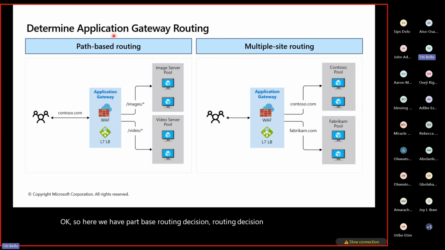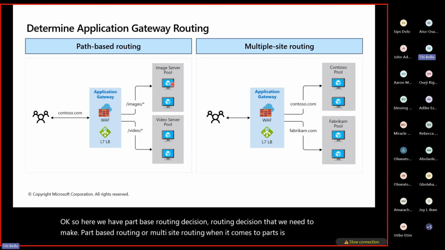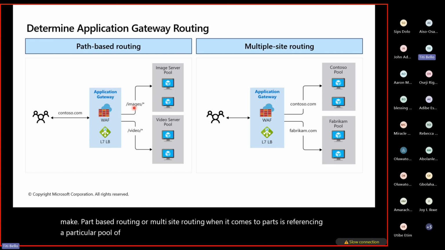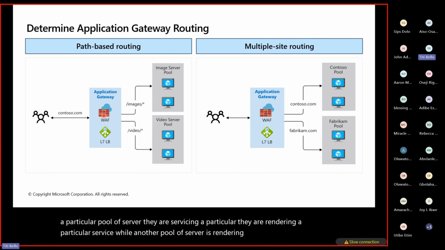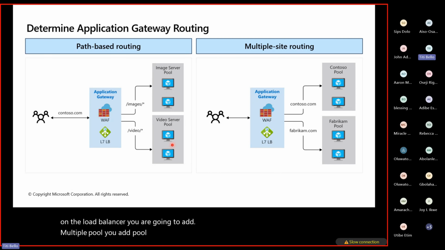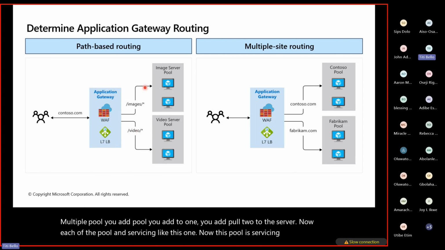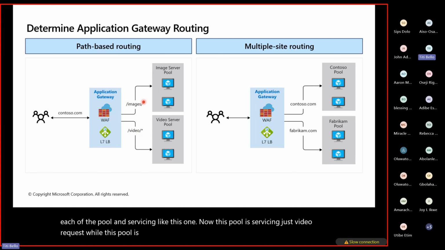When it comes to path, it's referencing a particular pool of servers rendering a particular service, while another pool of servers renders another service. On the load balancer, you add multiple pools: pool 1, pool 2. Each pool services different requests; this pool is servicing just video requests, while this pool is servicing just image requests.